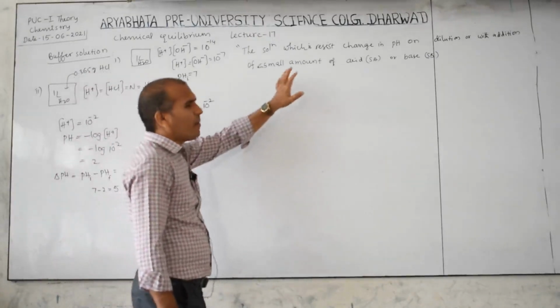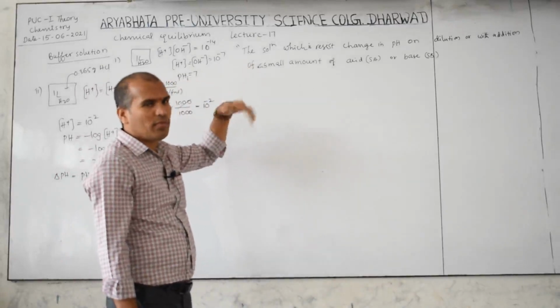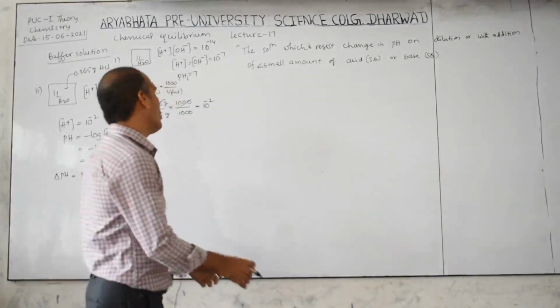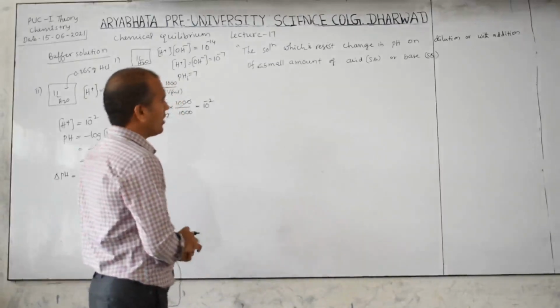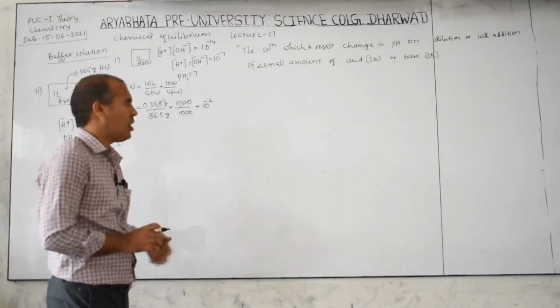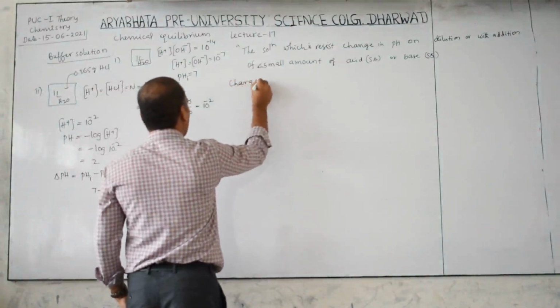You may have already learned that enzymes also perform their activity at a particular pH. So pH is very important, you have to maintain it constant. So we know what a buffer solution means: pH does not change. For example, the characteristics I want to write, characteristics.